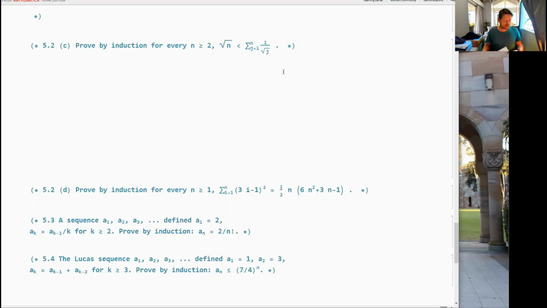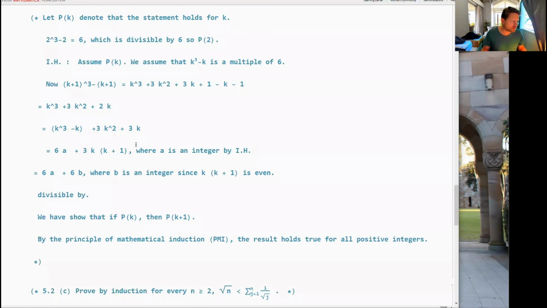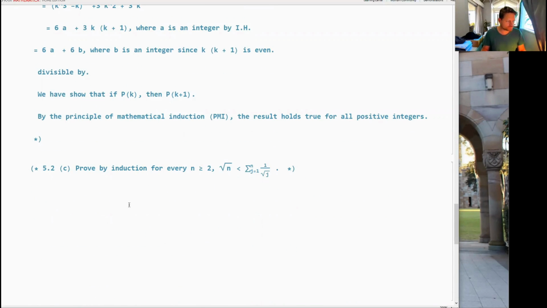So what we need to do is set out the usual stuff. I'll copy and paste from the last one, and make that a comment so that I don't accidentally execute that and get an error message.